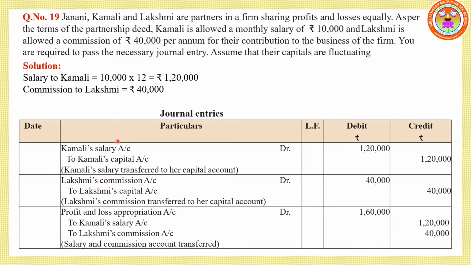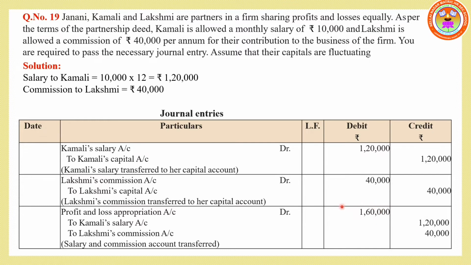Then these two, salary and commission accounts, should be transferred to the profit and loss appropriation account. That means profit and loss appropriation account debit. Add these two amounts, 1,20,000 plus 40,000, is 1,60,000.